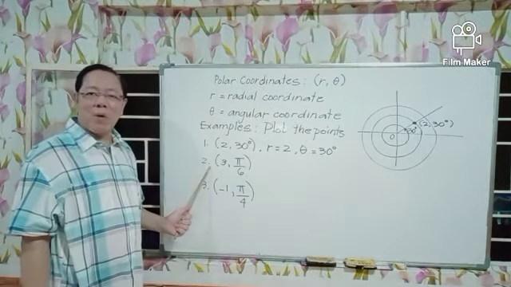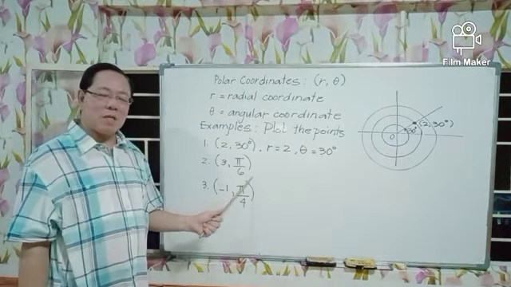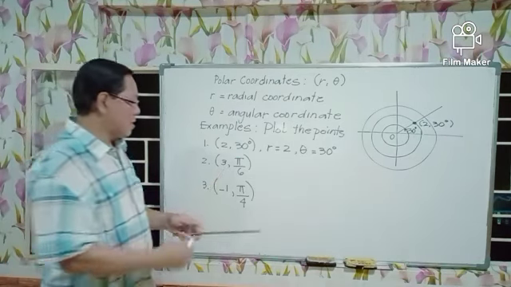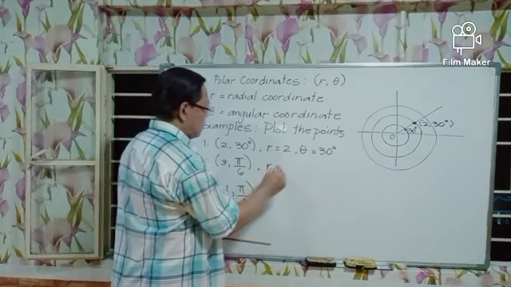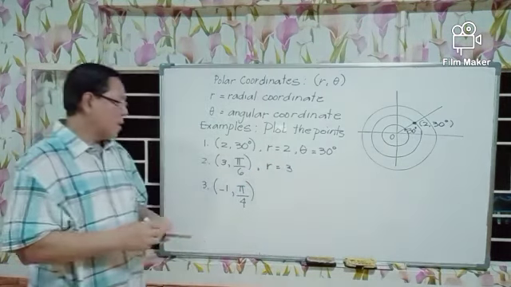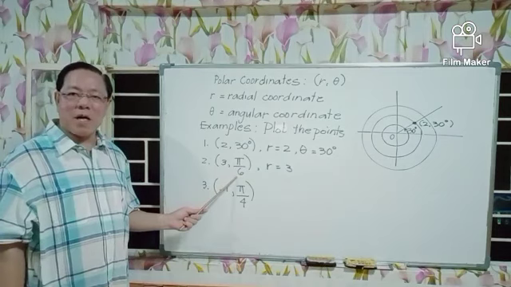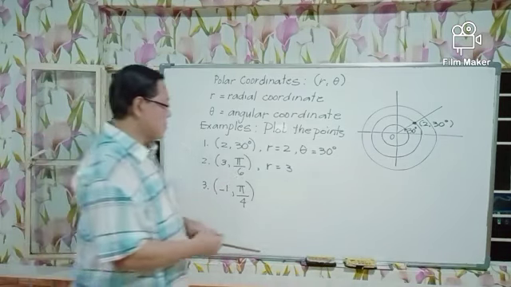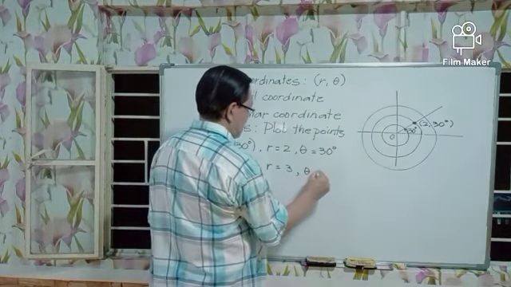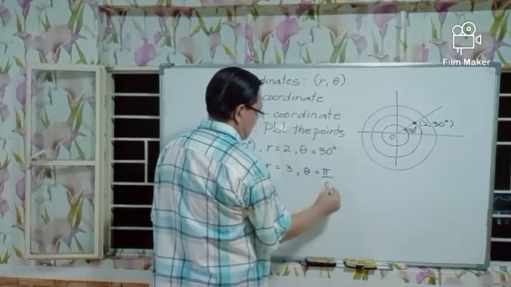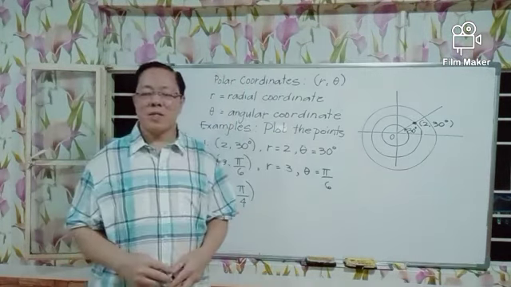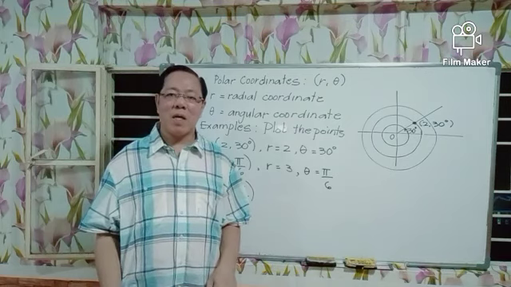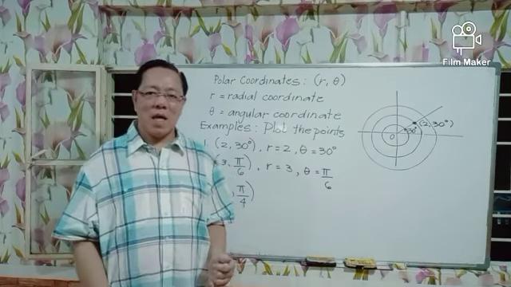Number 2, we plot the point with coordinates 3, pi over 6. In this point, the radial coordinate r is 3 units. And the angular coordinate theta is pi over 6. Now theta is given in radians. But radians can always be converted to degrees by taking pi equals 180 degrees.